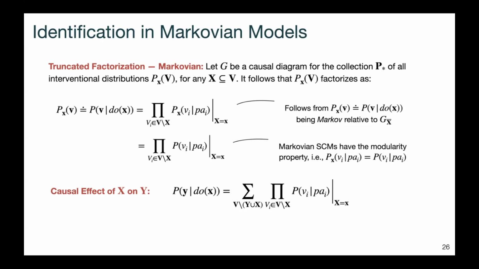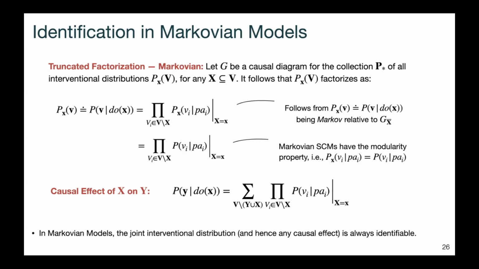This is factorizing according to the causes. And in the Markovian case, the causes are just observed, so I don't have the U here. I also have this property called modularity, that I can just replace the interventional distribution with the observational distribution. So the truncated factorization is going to be simplified to a product of just observed probability distributions. So you can use this to compute the effect of X on Y in any Markovian case.